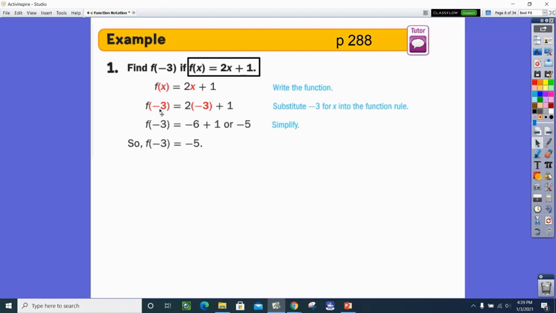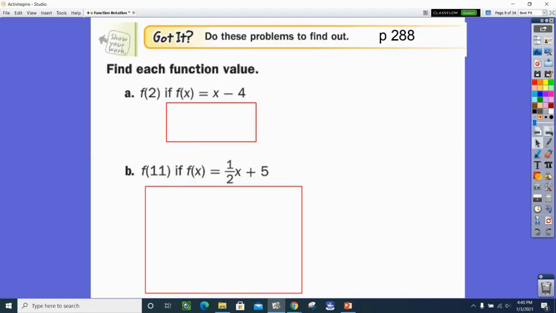So when -3 went into this function, -5 came out. -3 is your input, -5 is your output. If we just wrote the variable y here, we would no longer see what went in. So that's what's helpful with this f of x, this function notation. There's a number that goes in for the independent variable, math happens, and then a number is outputted for the dependent variable.